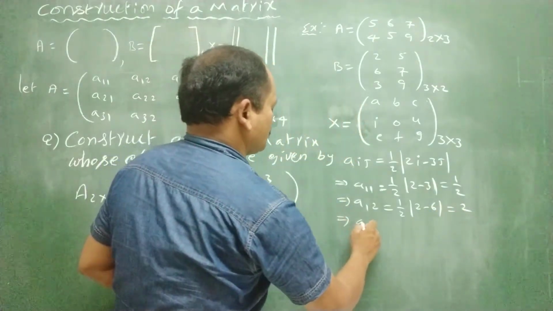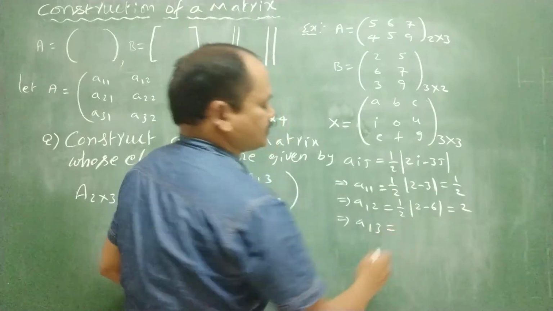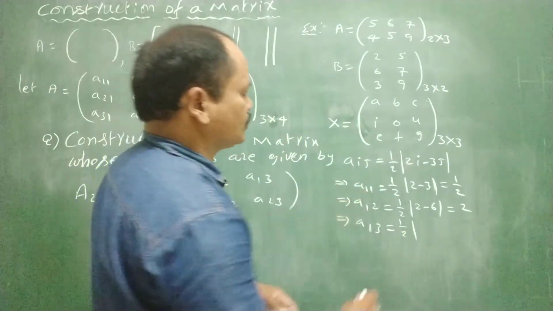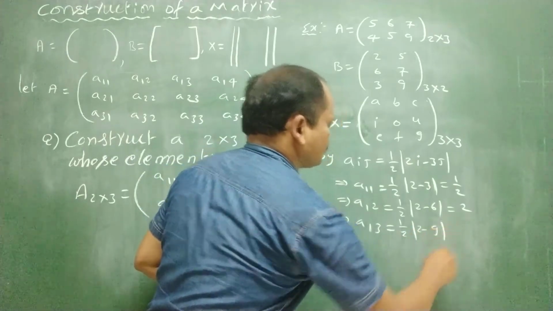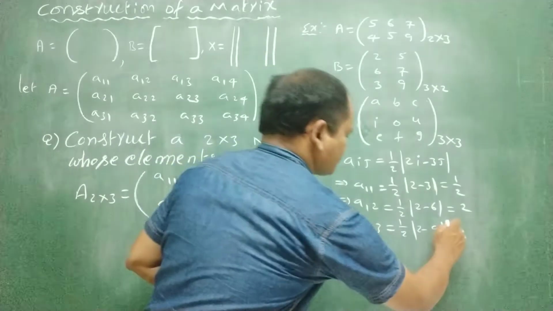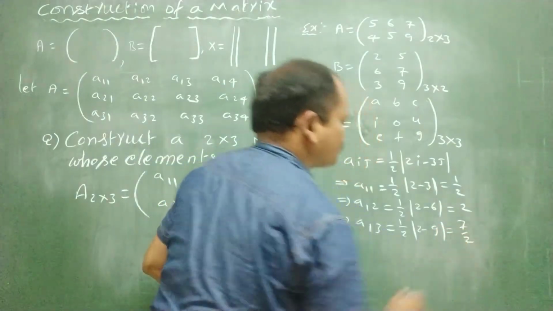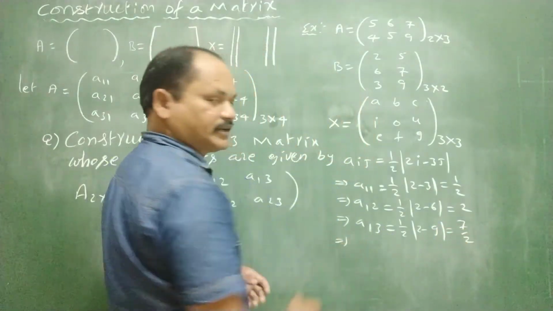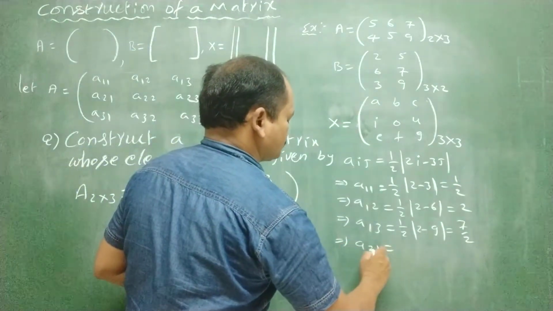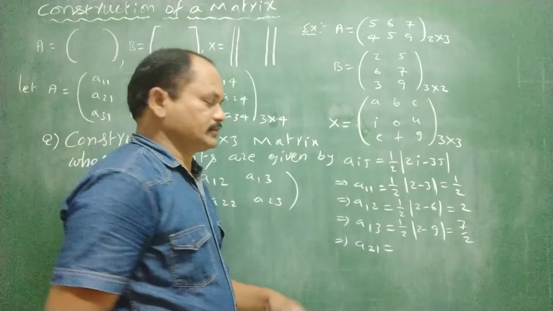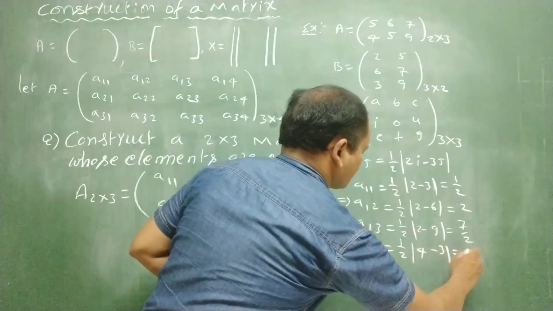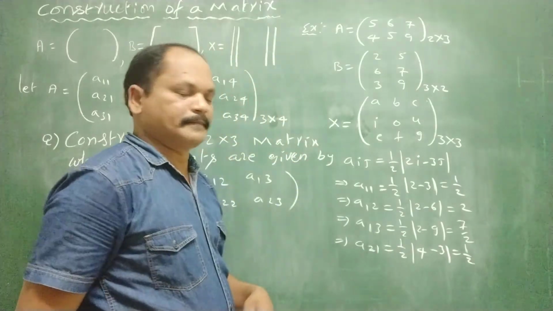Now A13: 1/2 into |2 - 9|. 2 minus 9 is minus 7, mod minus 7 is plus 7, so it is 7/2. Again, to find A21, that is 1/2 |4 - 3|, so that is 1/2.